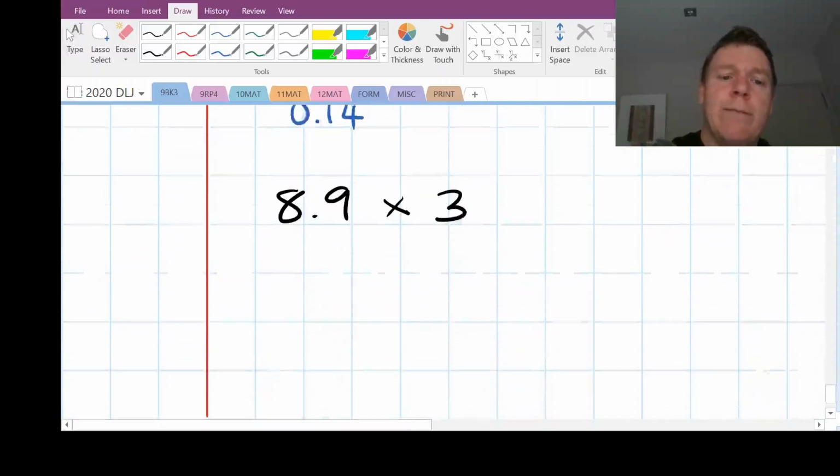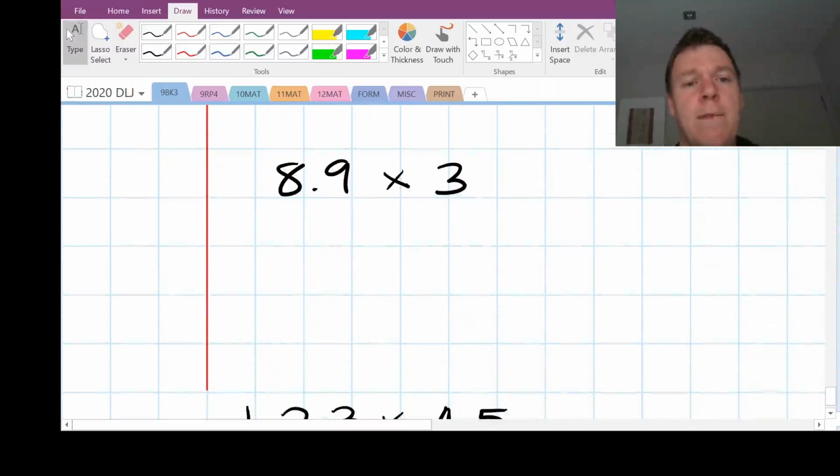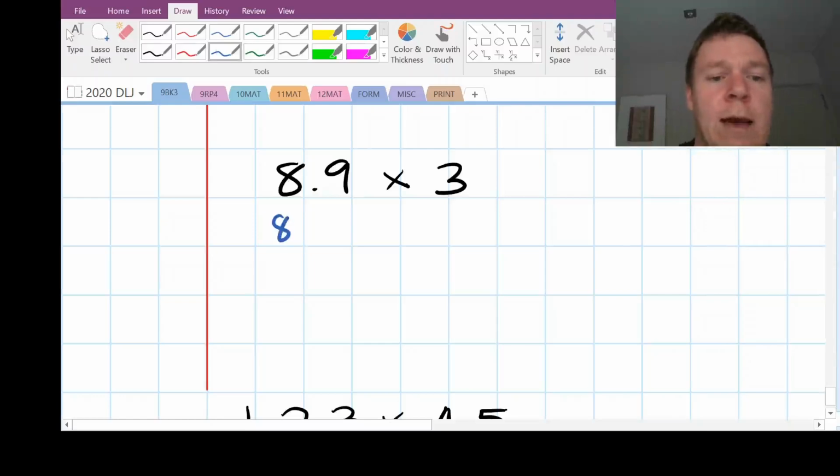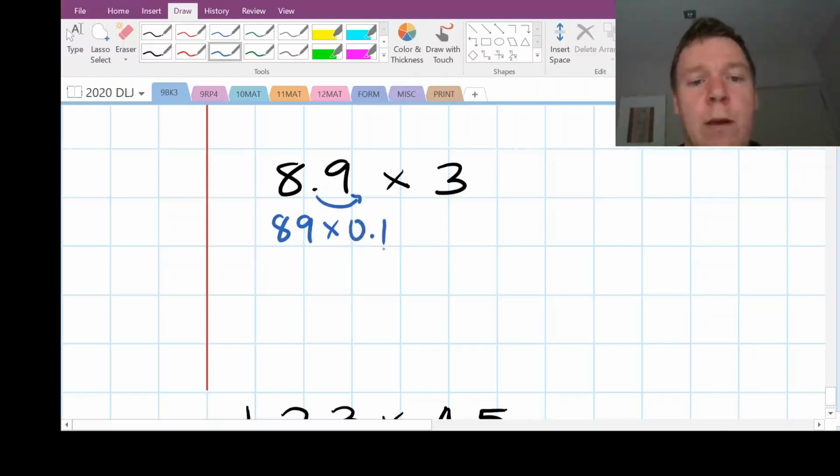Let's try this one. So 8.9. How could we break that up? That's going to be 89 times, well, it's only moved the decimal point once, so 0.1. And then that's still multiplied by 3.